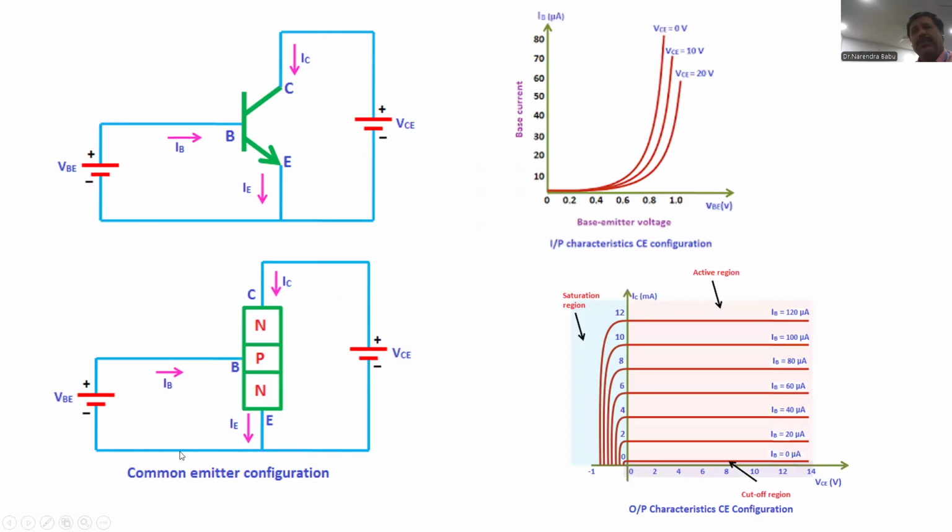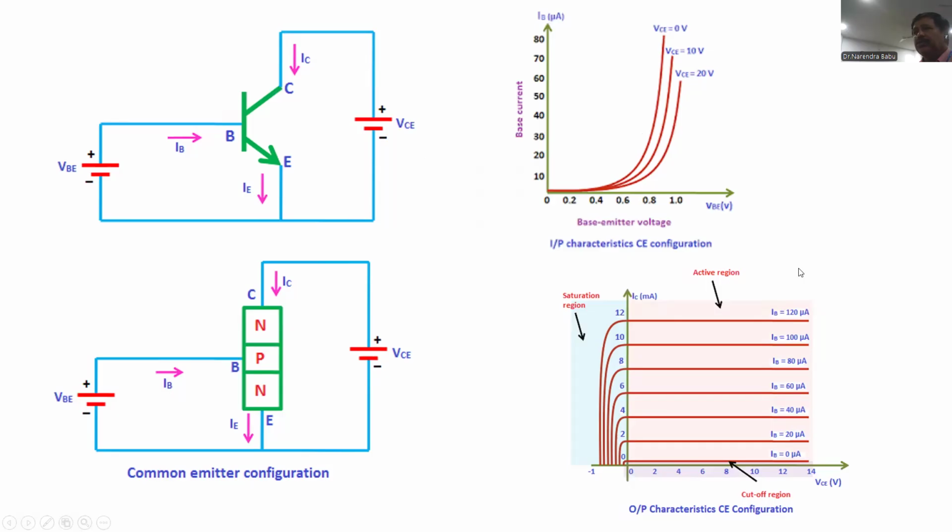So this becomes forward bias in common emitter configuration, and the output is in reverse bias. The collector is connected to positive and the emitter is negative. Here both are negative, but the emitter is heavily doped, that's why you always take it as negative. So the output is in reverse bias by connecting the emitter to negative and the collector to positive.